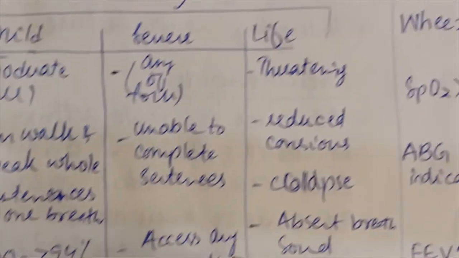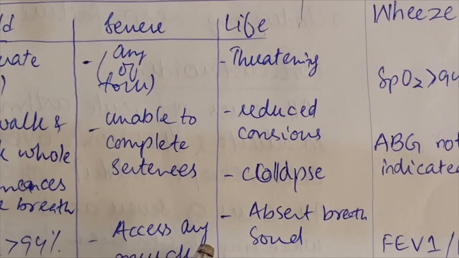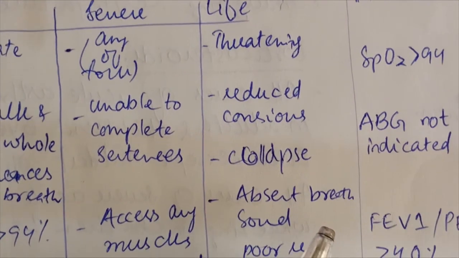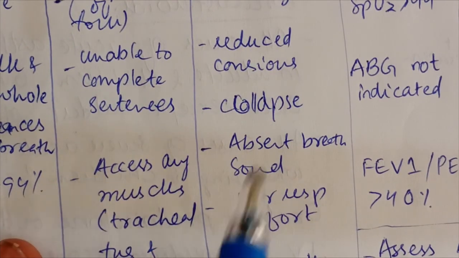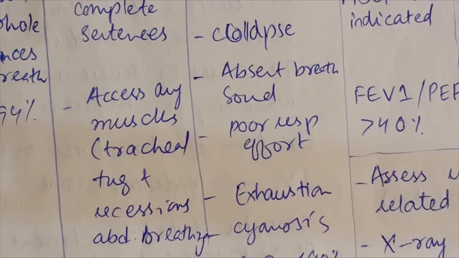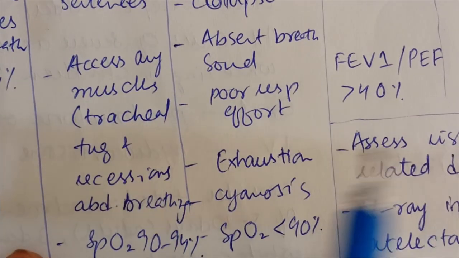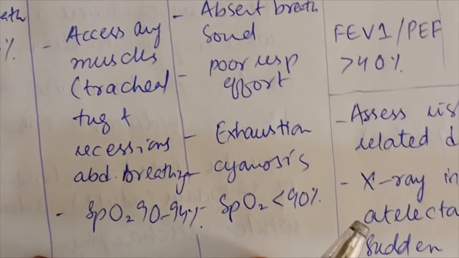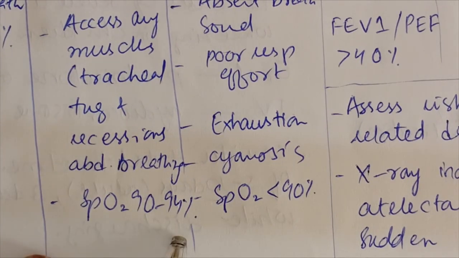But if the patient has severe asthma exacerbation, any of the following features would be present: the patient would be unable to complete sentences, and we assess excess accessory muscle use, that is tracheal tug or recessions or abdominal breathing, and the SpO2 would be 90 to 94%.